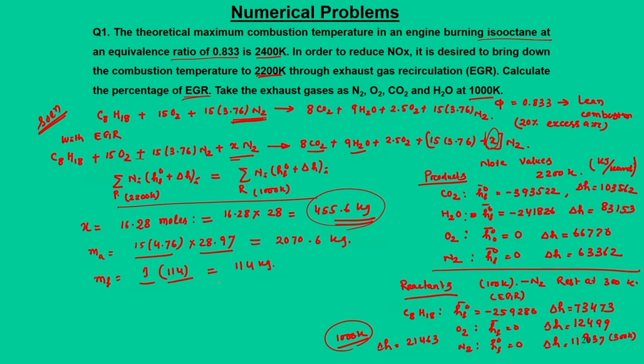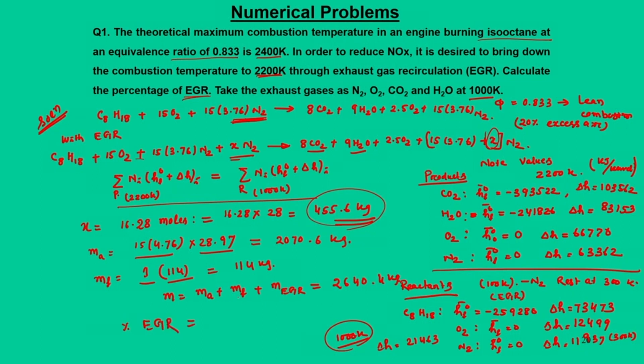Ultimately, we can find the total mass: M is equal to Ma plus Mf plus MEGR, which is 2640.4 kg.